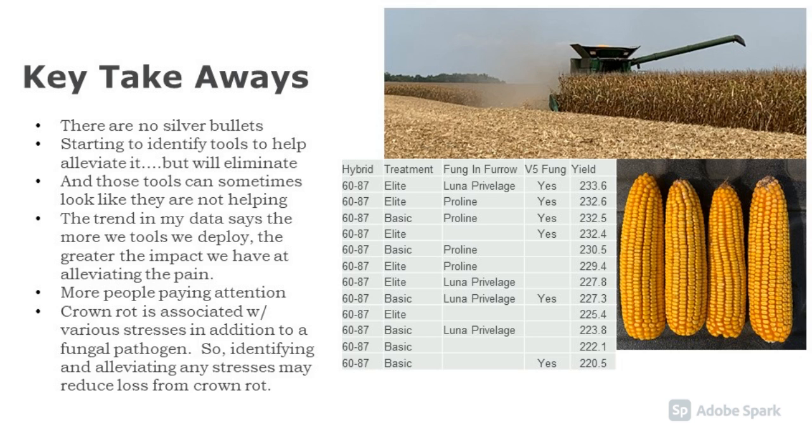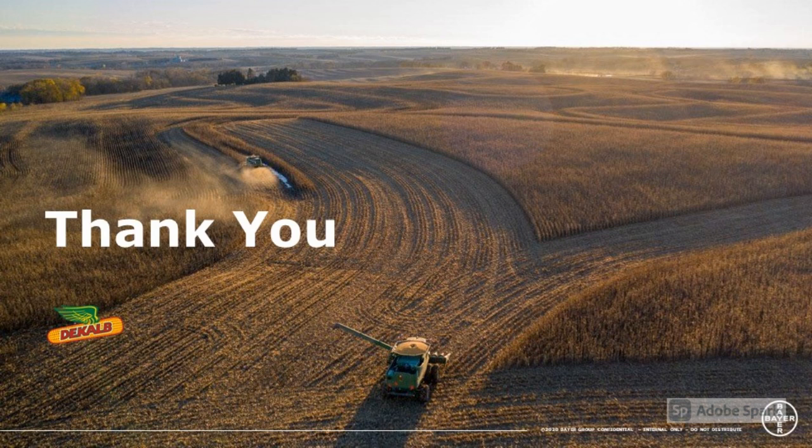So identifying and alleviating any of those other stresses may help us reduce the loss from crown rot. Drainage and fertility management are two quick examples of other stresses that may be helping accentuate the stresses from crown rot.